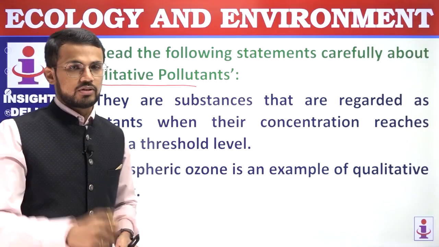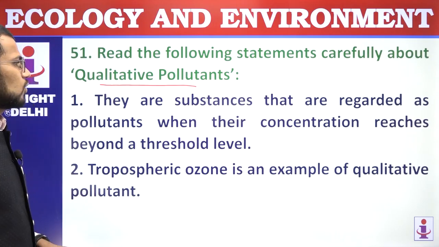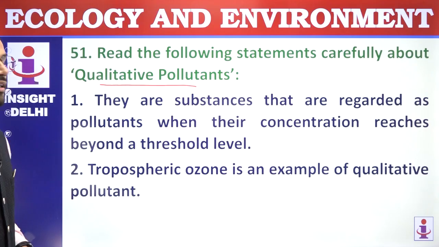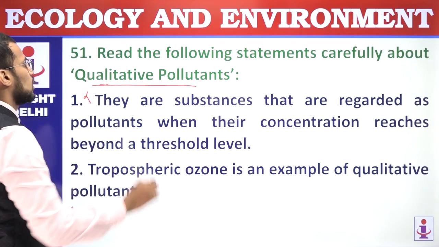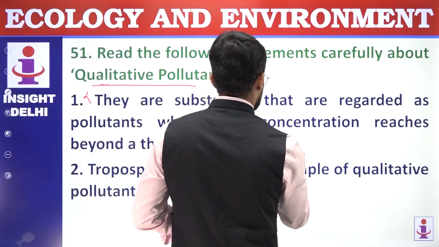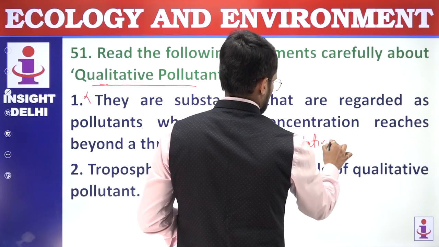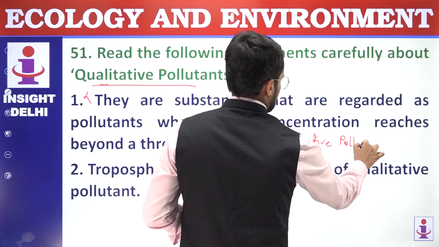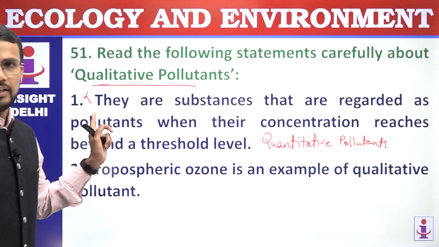Let us consider the statements. First, they are substances that are regarded as pollutants when their concentration reaches beyond a threshold level, right? So this statement is not for qualitative pollutants, it is a statement for quantitative pollutants, and that's why it is incorrect.